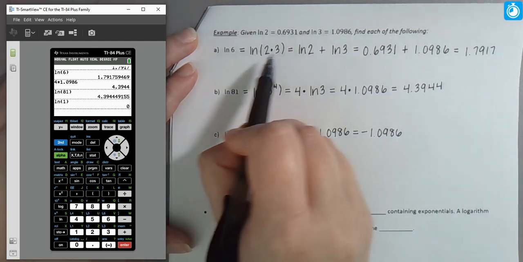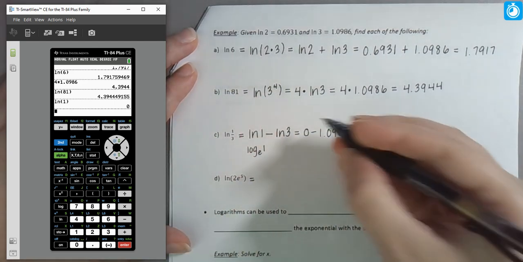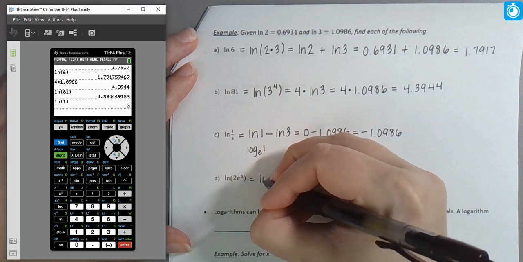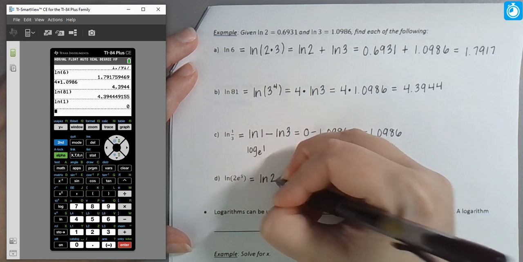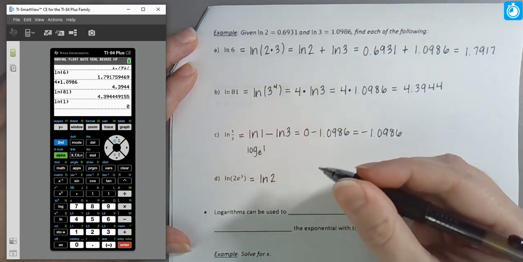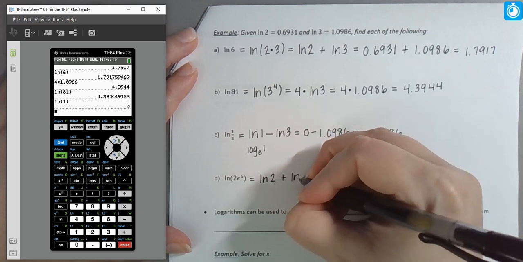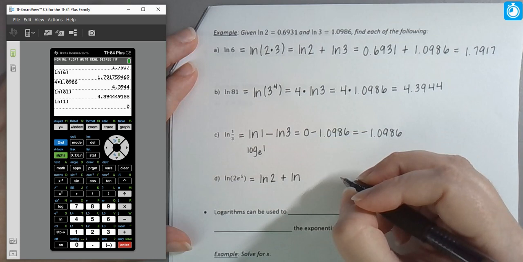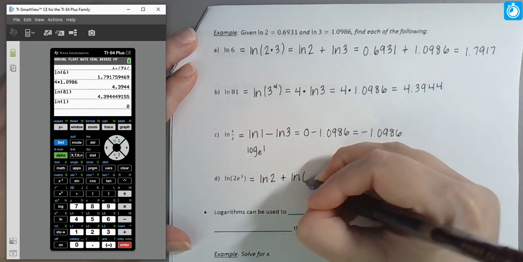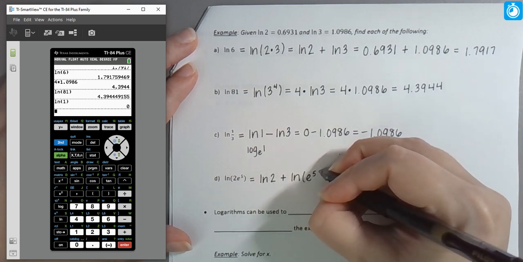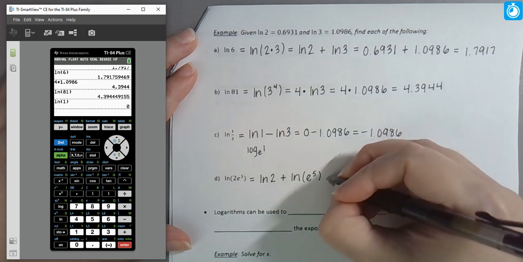So we can essentially use the rule that we used in part A. We can split that up into the sum of two separate logarithms. So natural log of 2, plus natural log of e to the 5th power.